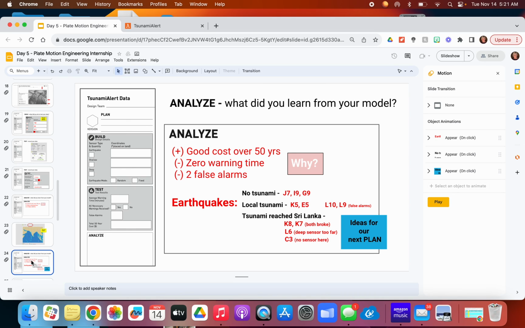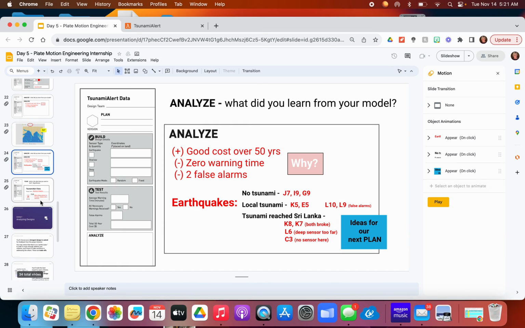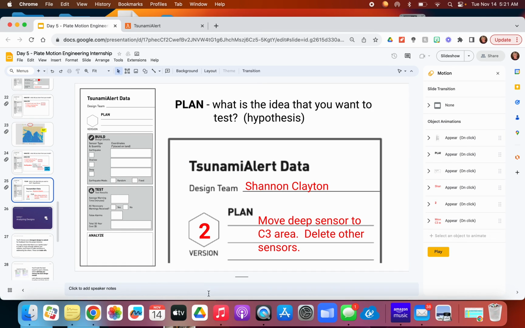Okay, so just pick one thing that you want to fix and then write that on your plan. So for my next plan, remember you're going to put version 2, or for you now, version 3 or 4, or wherever you're at. What's the idea that I want to test? Well, I want to try to move my deep sensor to the C3 area.